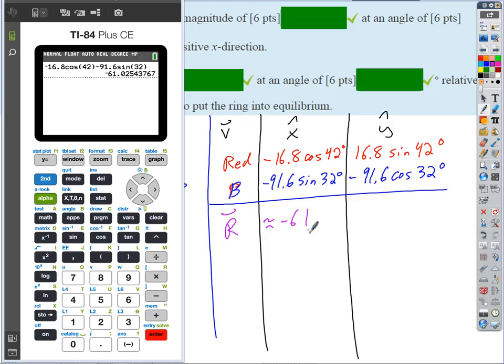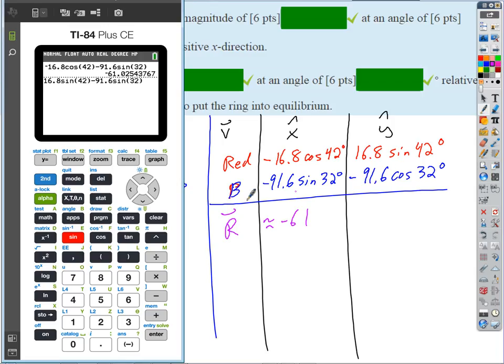Okay, let's do the y component. All I've got to do is go back up and edit that line. I'm going to delete the negative sign because it's positive 16.8 sine 42.